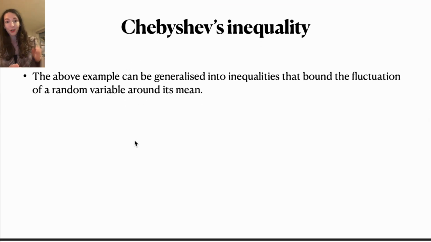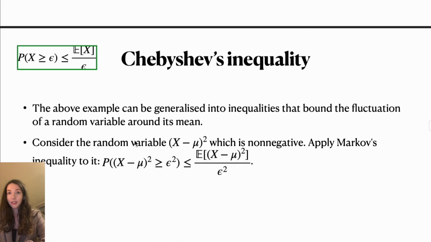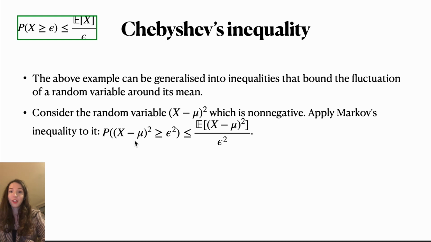We can generalize Markov's inequality into something a little bit more complicated, which is Chebyshev's inequality. In particular, we would like to bound the fluctuation of a random variable around its mean. So remember Markov's inequality that I have here at the top in green. Now consider that I choose some random variable which is (x minus mu) squared, where mu is the expected value of x.